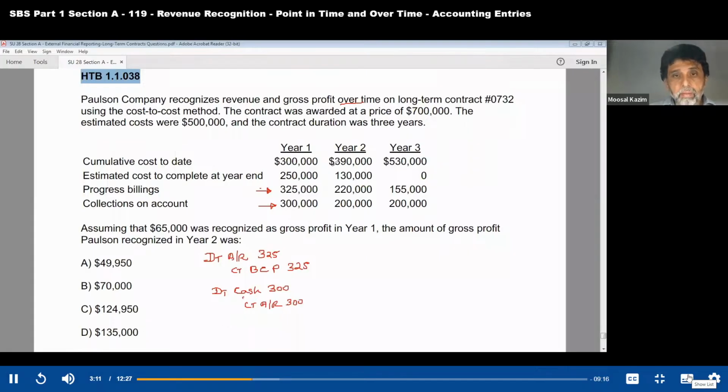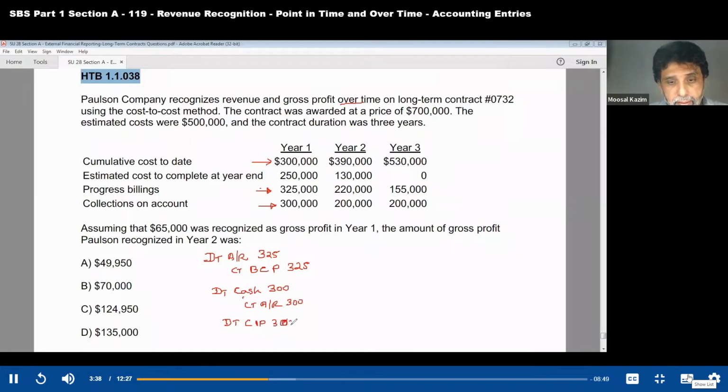And then do the construction cumulative cost to date. It's the first year. So it would be debit construction in progress account. Now this is a sort of contract asset account. Construction in progress account, and that is 300.